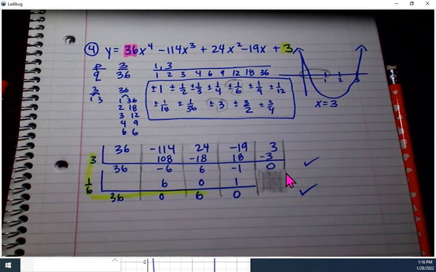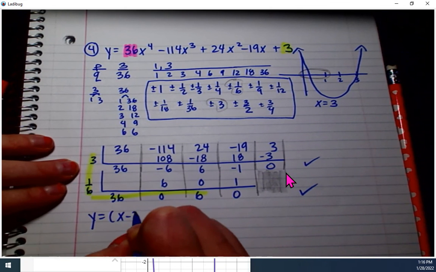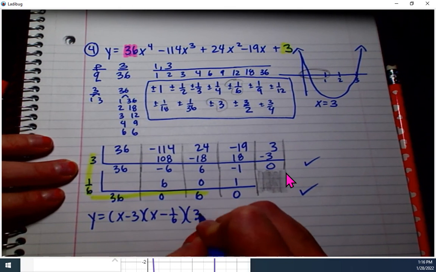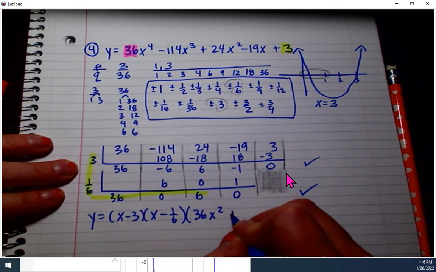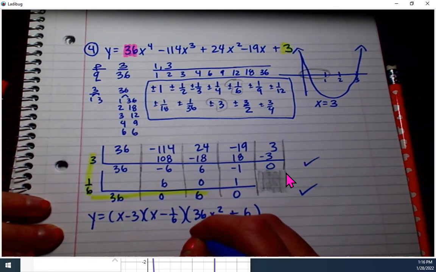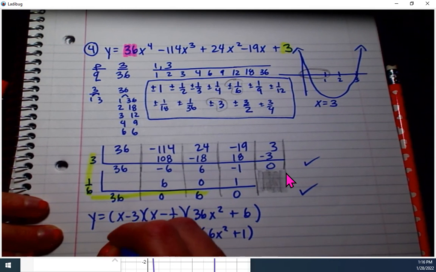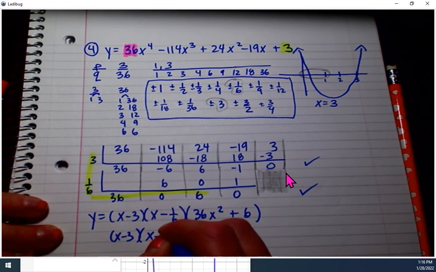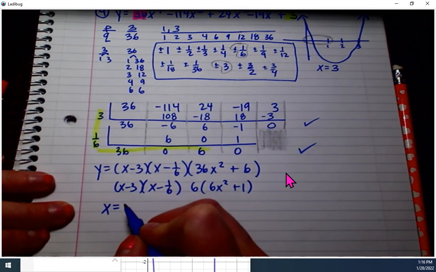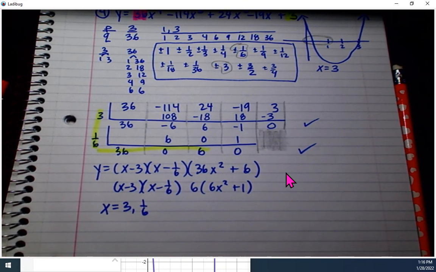So I'm just going to turn those things into my factors so that I can actually solve. I do see that there's a common 6 in this factor here, so I'm just going to take that out just because I noticed that that was possible. Okay, and x equals 3 and 1/6, which we kind of already knew.